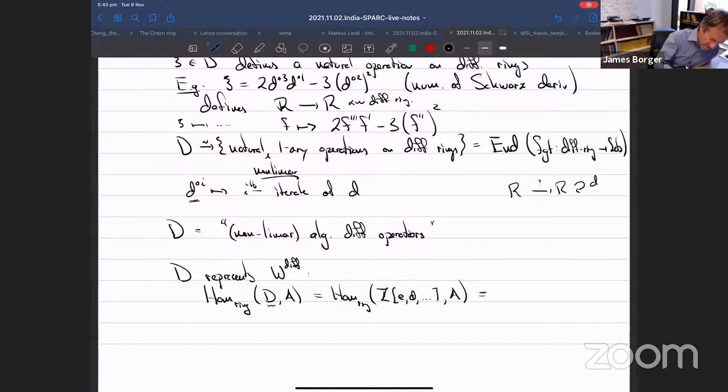So you can send any of them to an arbitrary element of A. So the first one, E, goes to one element, and this, and so on. And precisely, let me make it precise because we're going to need this in a minute. Such a homomorphism will go to the vector, which is just alpha of the first generator, alpha of the second generator, and so on. So this is a bijection.